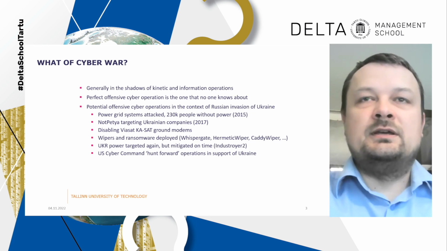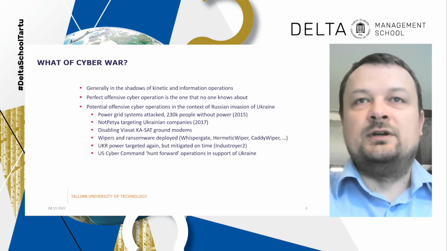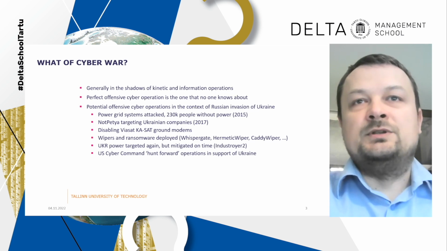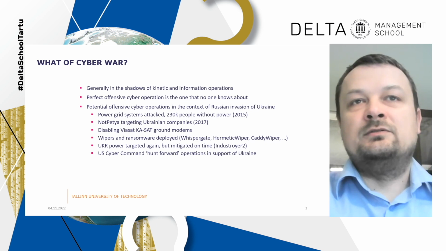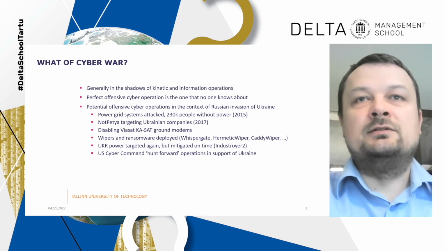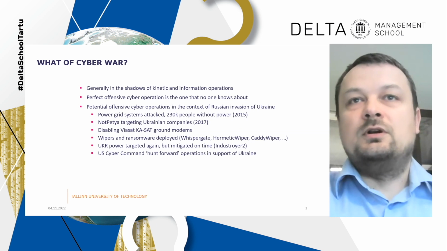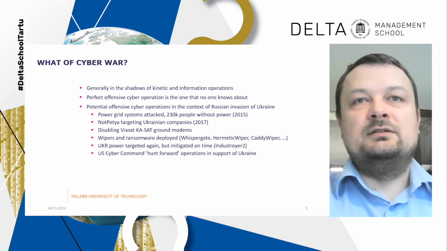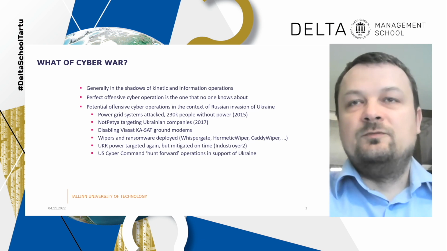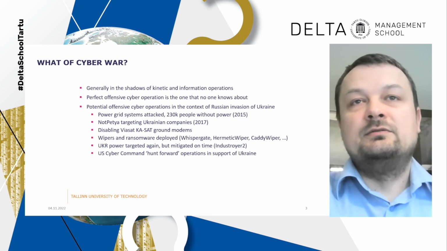However, also during this last 8 months or so, we've seen several very interesting cyber events, such as attacking the KA-SAT ground modems on the early hours of the invasion, which resulted in thousands of ground modems being disabled, both in Ukraine and elsewhere. So there was significant collateral damage as well. And we have seen various ransomware cases right before and after the final invasion started here, and various other types of targeted cyber attacks against Ukraine.